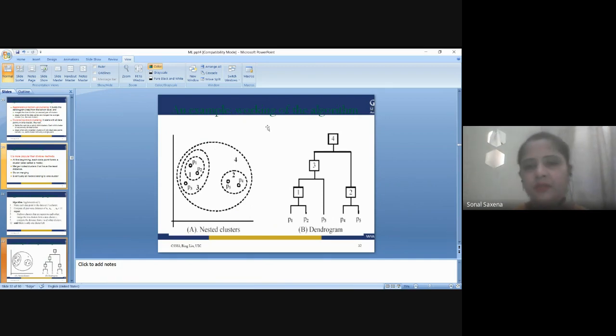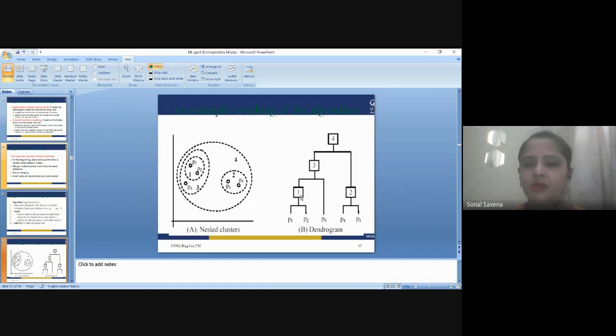So this can be represented using a dendrogram. Here you can see. First of all, what did we do? We combined P1 and P2 because they had shorter distances. So we made a cluster of them and represented this node with 1. Similarly, P4 and P5 were at a shorter distance from each other, so we merged them into a single node, which is cluster number 2.